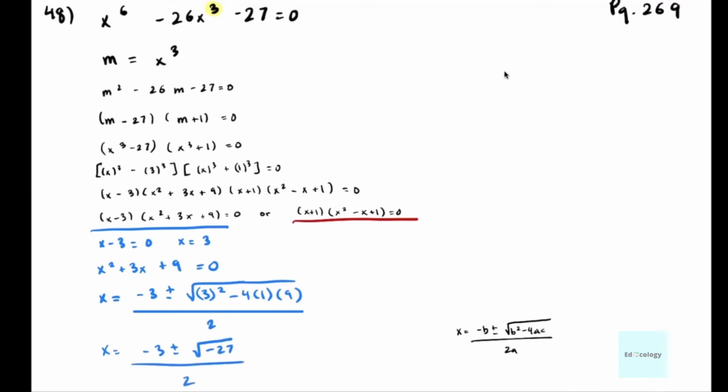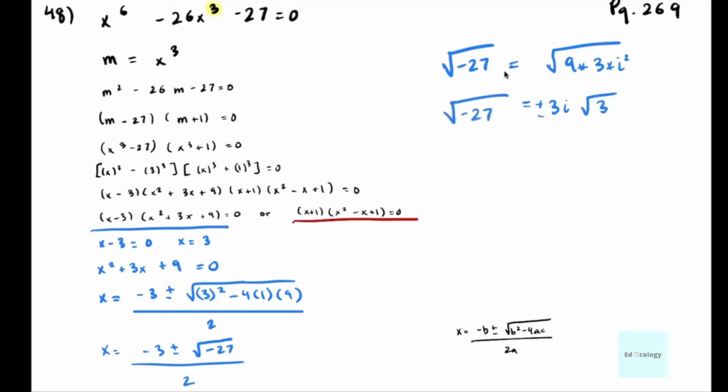And then negative 27 can be rewritten as 9 times 3 times i squared, which is 3i radical 3. So that is radical negative 27. So our answer will be negative 3 plus or minus 3i radical 3, over 2.